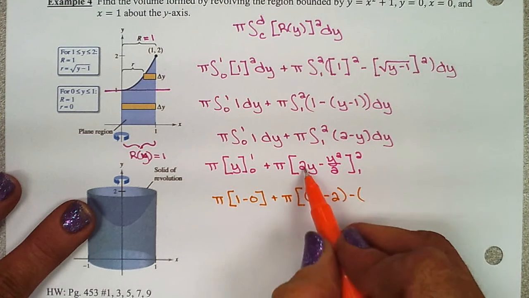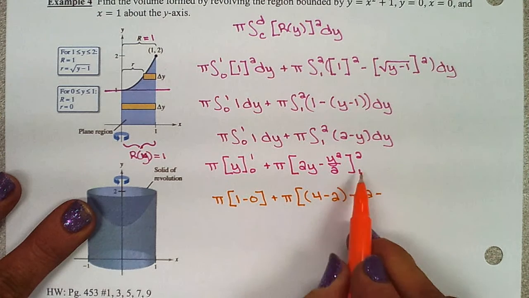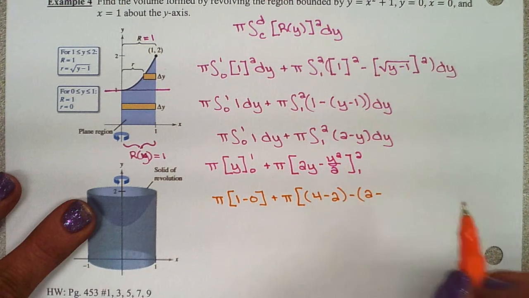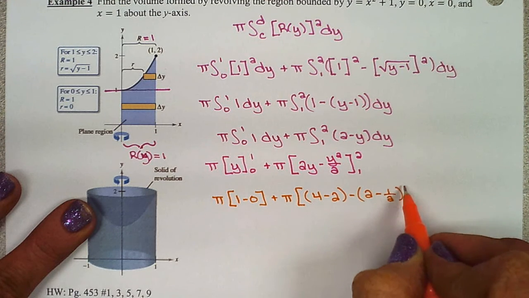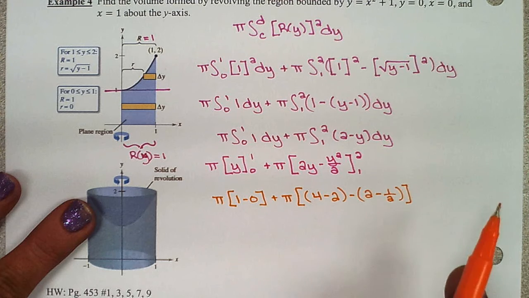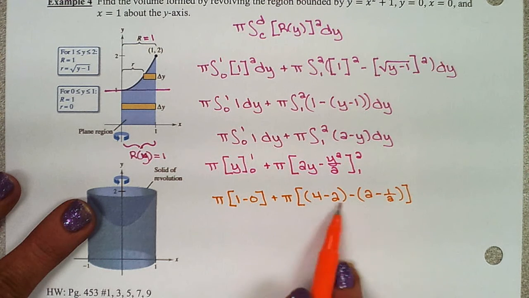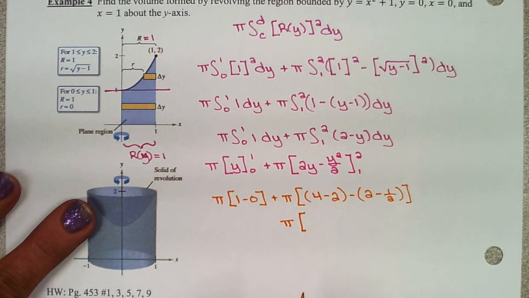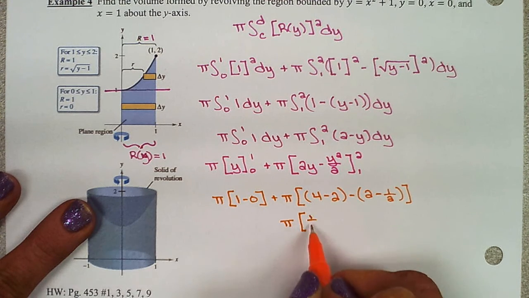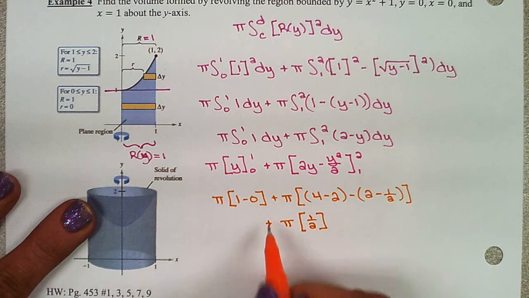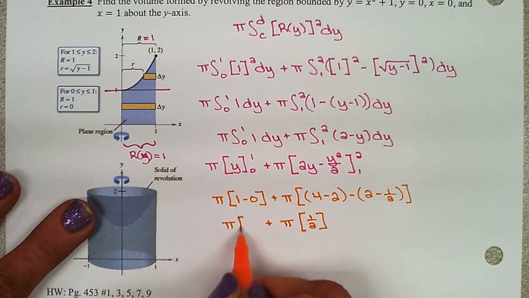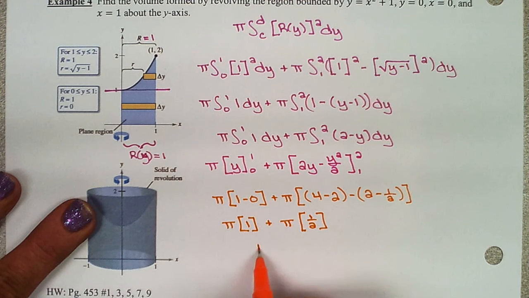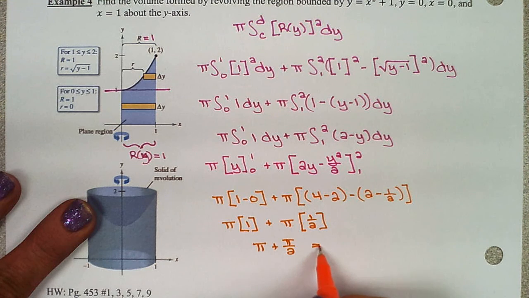So if I plug in a 1, 2 times 1 is 2, minus, and here if I plug in a 1, 1 squared over 2 is a half. Here, if I go through and combine all of these numbers, I'm going to end up with a 1/2. Here, a 1 minus 0 is just a 1. So really, this is like saying a pi plus a pi over 2, which is going to give us a 3 pi over 2.